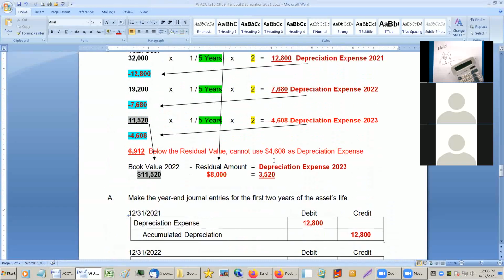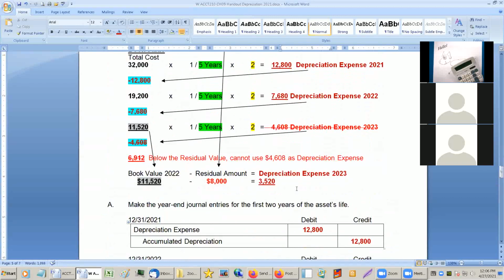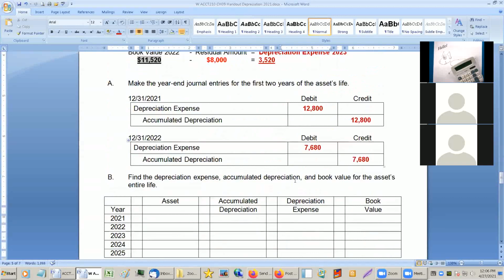All right, so coming down here, I'm going to put the depreciation expenses in here, the wacky one, so 12,800, 7,680.